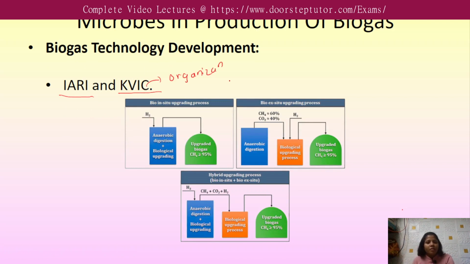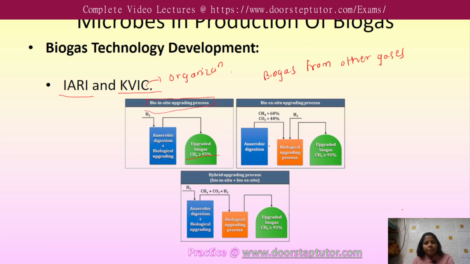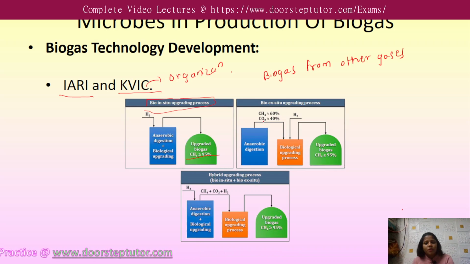Then there are methods which separate biogas from other gases. As you can see over here, in the biogas in situ upgrade process, H2 is inserted and we get 95% methane. Over here you can see 60% methane and 40% CO2.